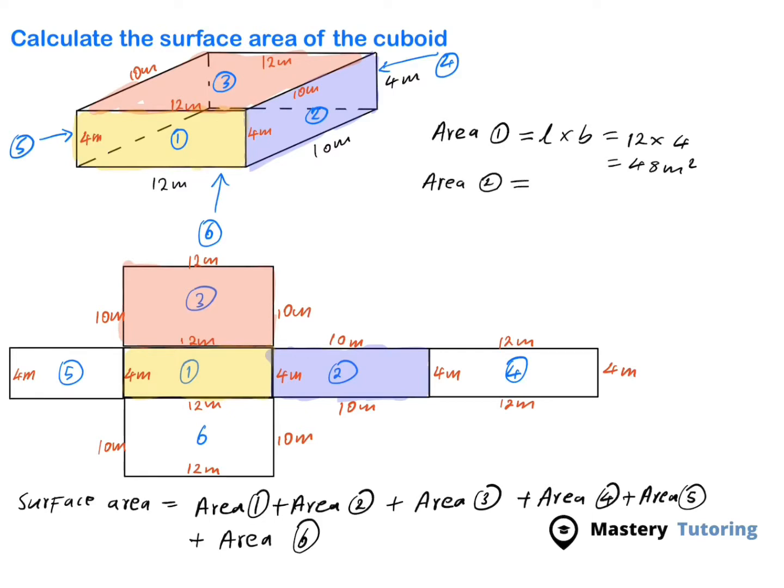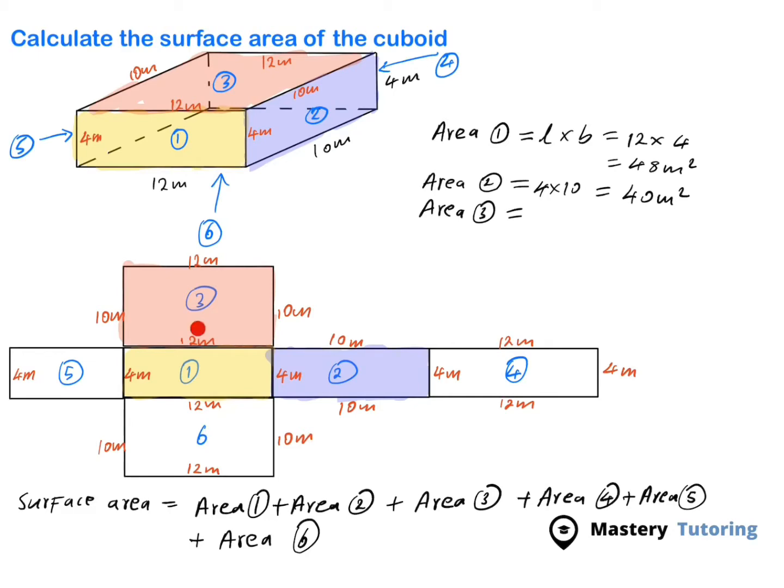Area 2 is going to be length times breadth as well, because all these shapes actually are rectangles. So we are going to apply this formula, length times breadth. So when we look at area number 2, it's going to be 4 times 10. So this is going to be 4 times 10, which ultimately becomes 40 meters squared. And then we're going for area 3.